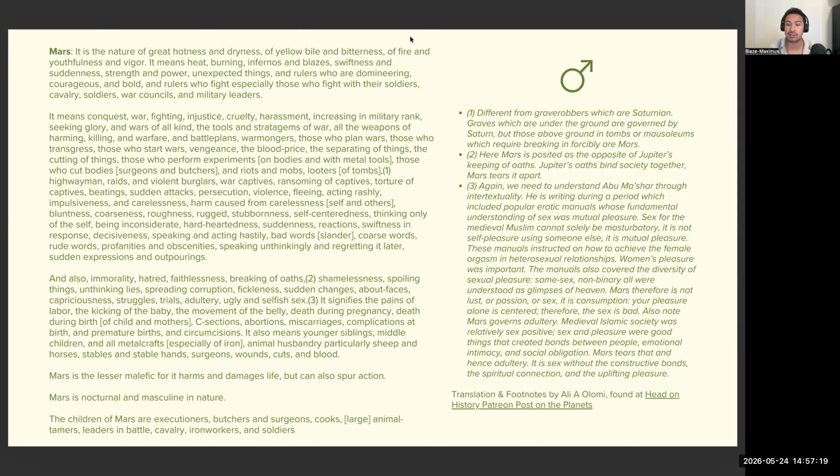It is your pleasure being centered alone, and therefore the sex is bad because you are choosing to consume. You are acting as a consumer, and maybe capitalism is a very Martian system. We act as consumers in a consumerist system. But sex also gets commodified to be something that is consumed on things like dating apps, for example.